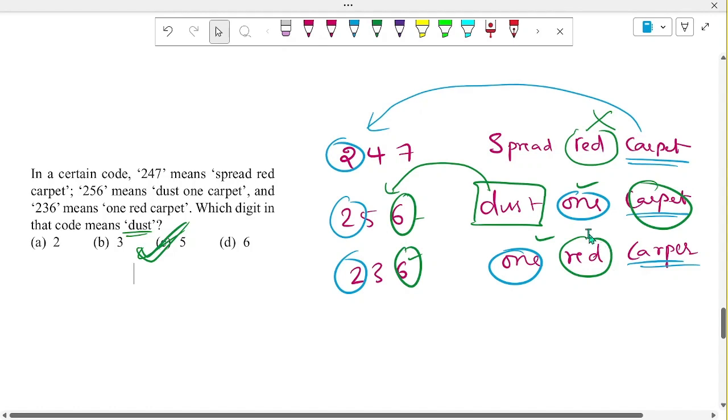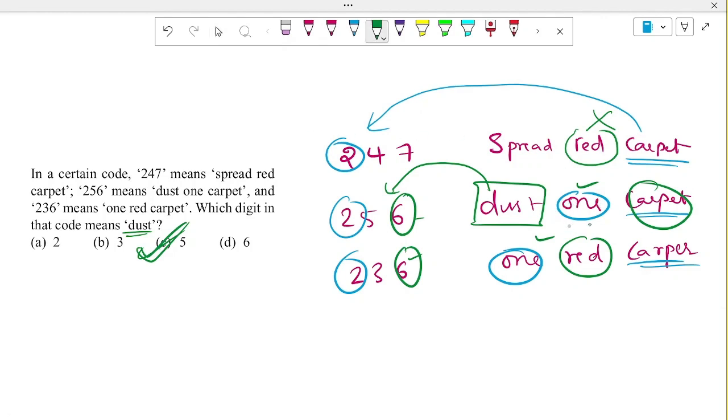Sometimes you may have such confusion, but don't try to think too much on such questions. Since you are asked about dust, just try to find out what is the value for dust. That's all.